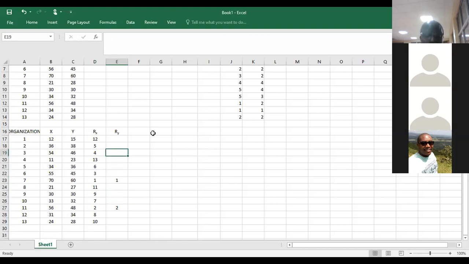46. Number 3. Next. 45. Where is 45? Here. Number 4.